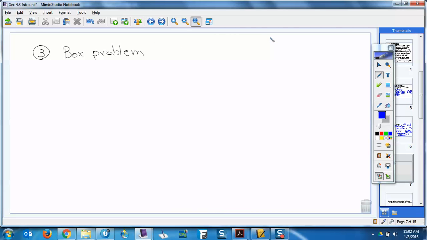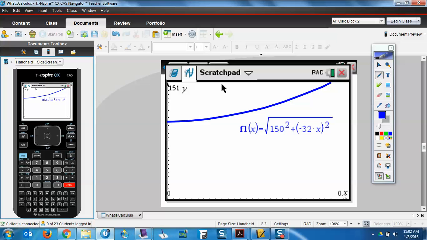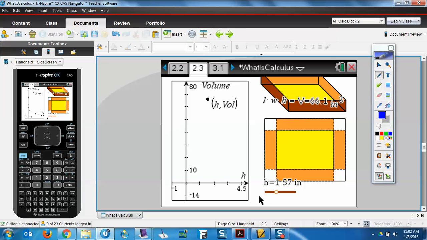All right, so here's the next one we want to look at. It's called the box problem. You may have seen that picture I had up on my calculator a minute ago. This is a classic calculus problem, usually the first optimization problem people deal with.